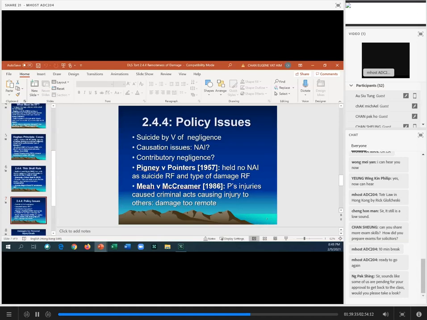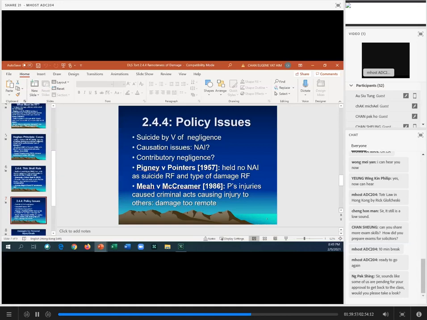He became so depressed that he subsequently committed suicide. A little bit like Simmons. It was held that the chain of causation was not broken by the suicide and the defendants remained liable. So here, that was a causation issue. It was reasonably foreseeable that somebody who suffers head injuries might commit suicide.